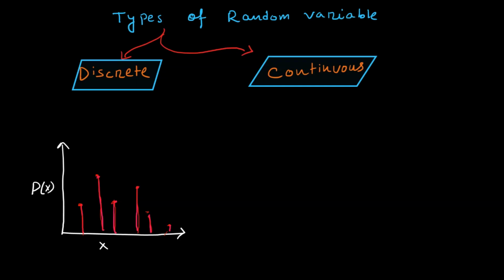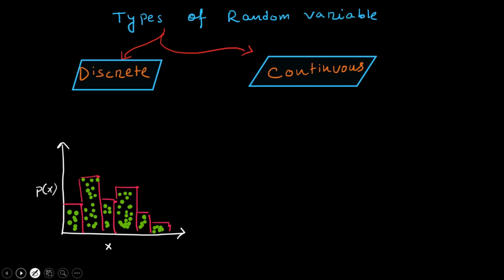Now the thing we need to do is make blocks, and the area of each block will give you the probability, and you know the sum of all probabilities will give you 1. By doing that, you can find the sum of probability as the area that is given in the green color.